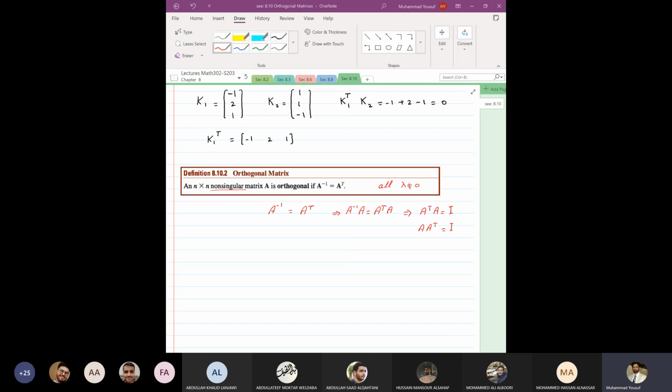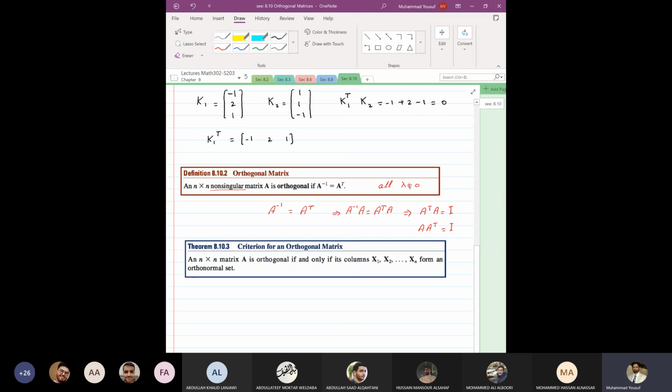Since an orthogonal matrix is when we have A transpose equal to A inverse, and A inverse exists only if it is non-singular. So it should be obvious that the matrix is non-singular.